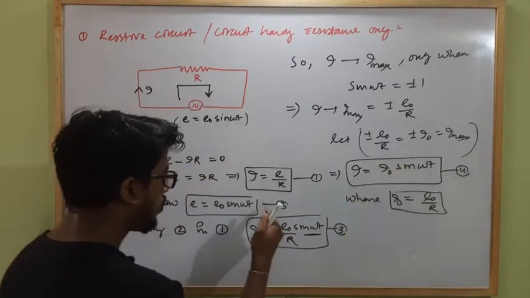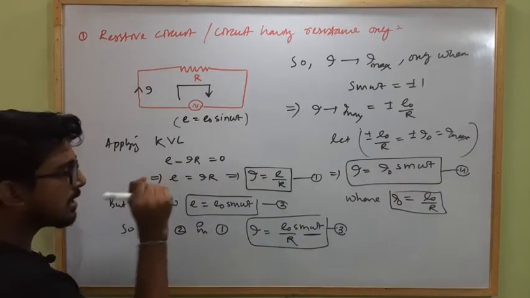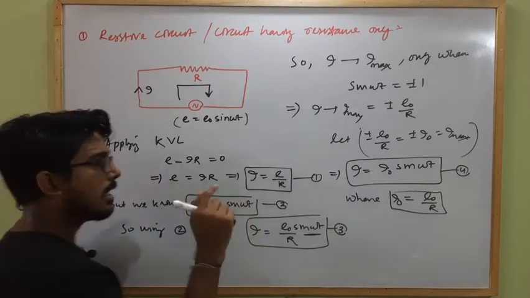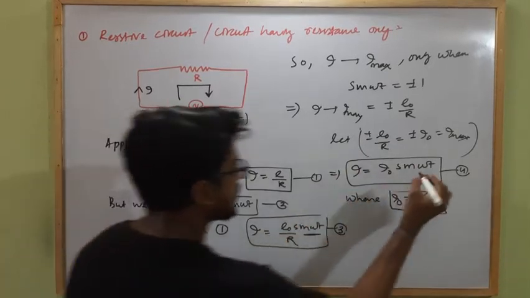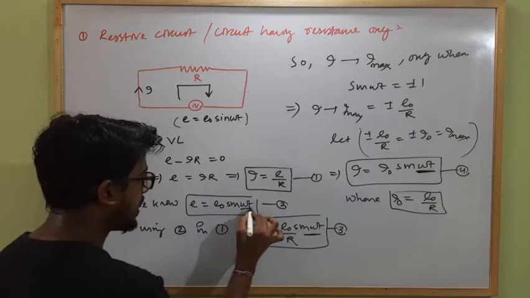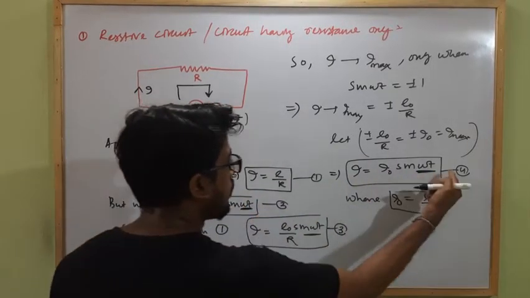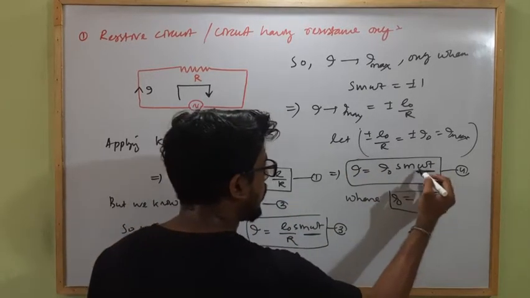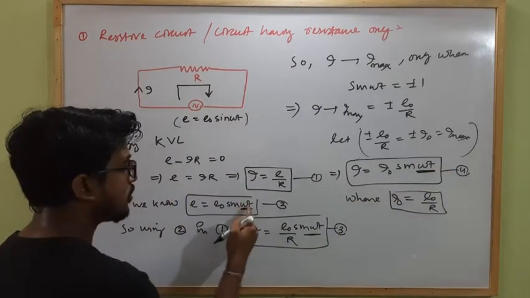instant t. So now comparing equation 2 and 4, if at any instant t this is the value of alternating EMF, then at that instant this is the value of alternating current, and this term gives us the initial position, that is phase. Omega t is the phase. So comparing equation 2 and 4, we will get what? The alternating EMF and alternating current both are in the same phase, because here the phase is omega t and here also the phase is omega t.